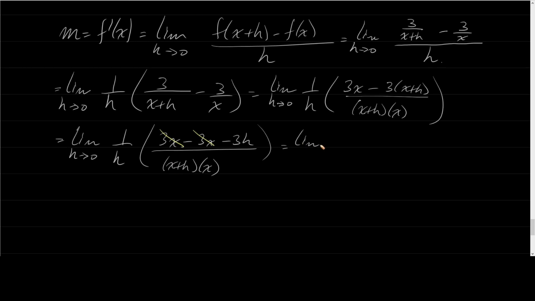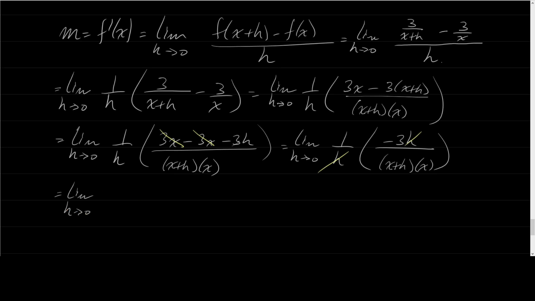I'm left with the limit as h goes to 0 of 1 over h times negative 3h on the numerator, and x plus h times x on the denominator. The h's cancel out, so I get the limit as h goes to 0 of negative 3 over x plus h times x.